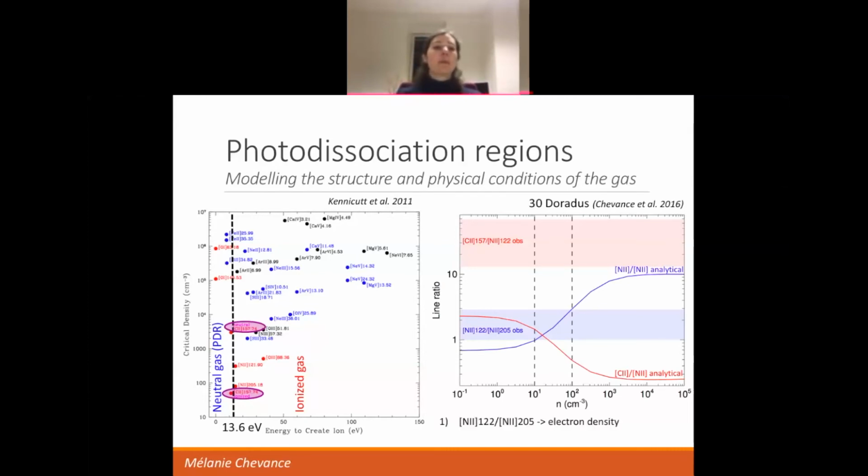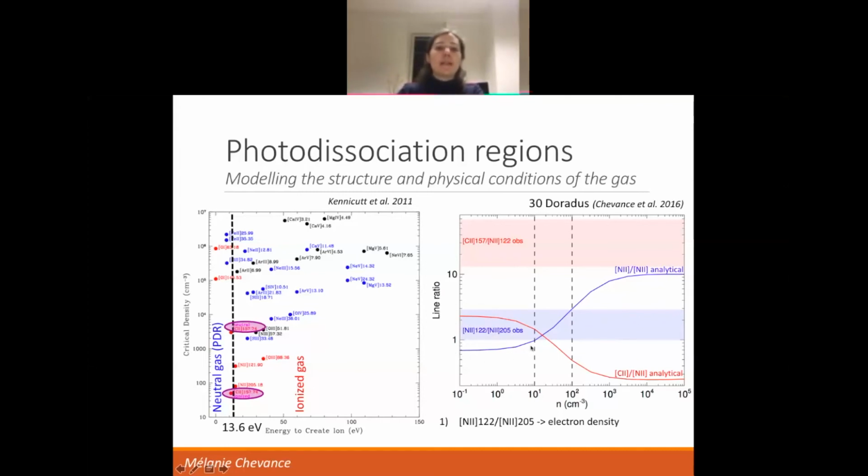The first step is to estimate the electron density in the gas at low ionization. For that, we can use the ratio N2 122 micron over N2 205. I'm showing here the example of Sextans A. So the measured range of the N2 ratio is here.